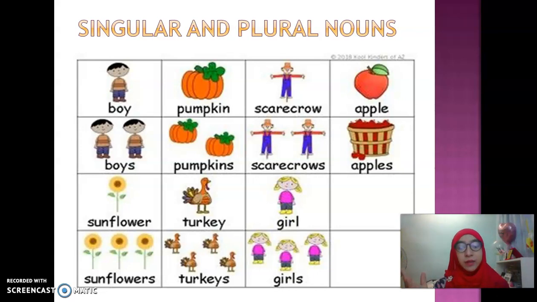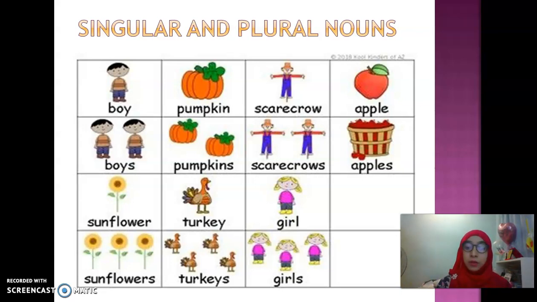It doesn't matter if it's human, people, or an object, or an animal, a building. If it's one, then we have a little bit different way to identify it.